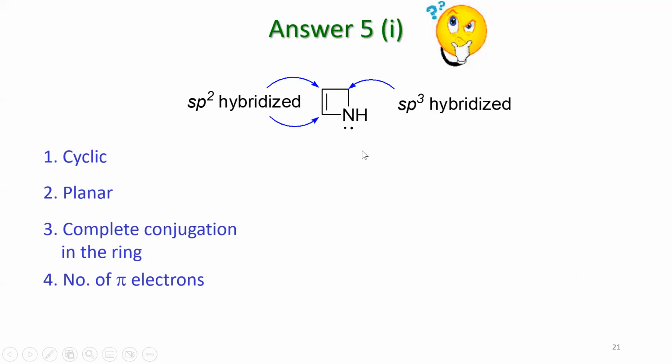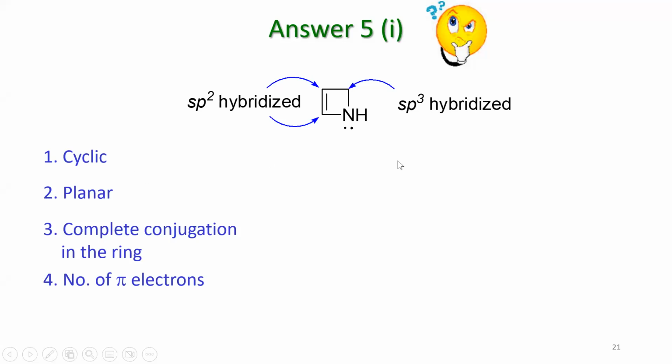Right. So this is my first compound. It has a cyclic structure. Not all the atoms in the cycle are carbon, but there's one nitrogen atom and the rest are carbon atoms. So you have this structure. What can you say actually?